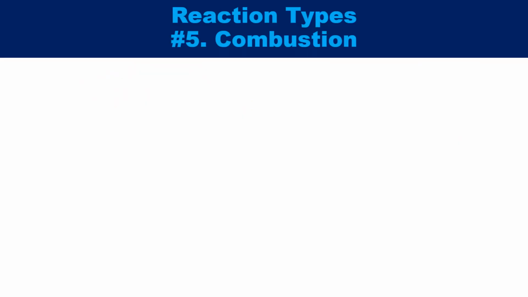The last reaction type is known as a combustion reaction. You are burning something. This is a unique type of chemical reaction because you have to have a certain gas to burn something, and that is oxygen. Whenever you're burning something, you have to have oxygen.